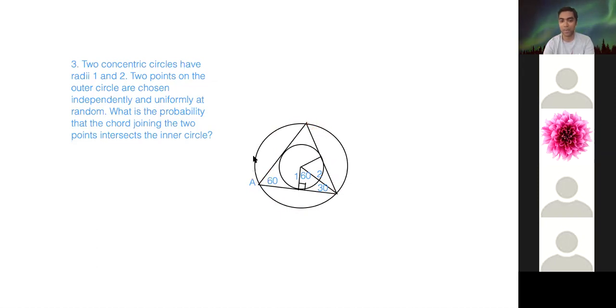It doesn't matter where the original point is, the other point would have to be within 1/3 of the circle. That means the probability of choosing 2 points where it intersects the inner circle is just 1/3, because given any one point, there's a 1/3 probability that the other point will intersect the inner circle. Does this make sense?